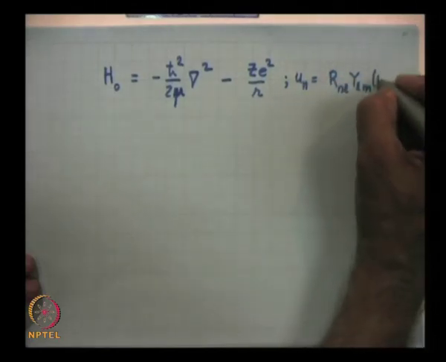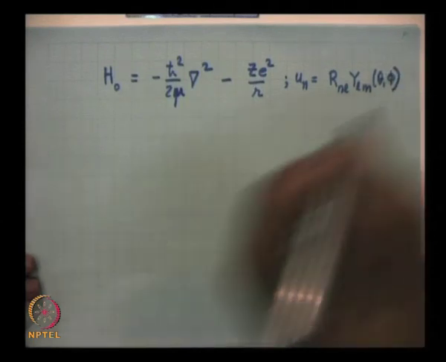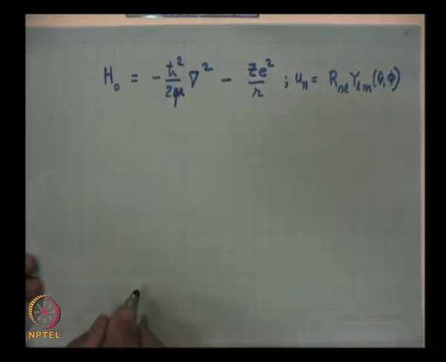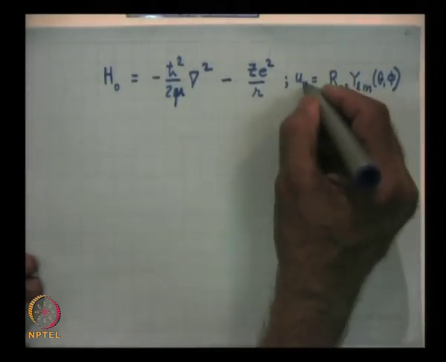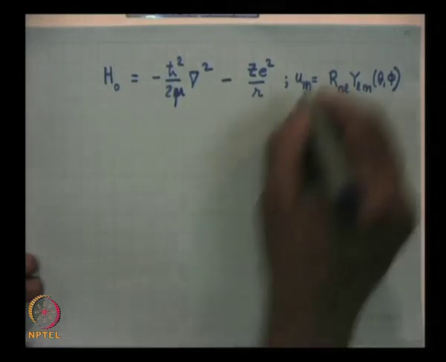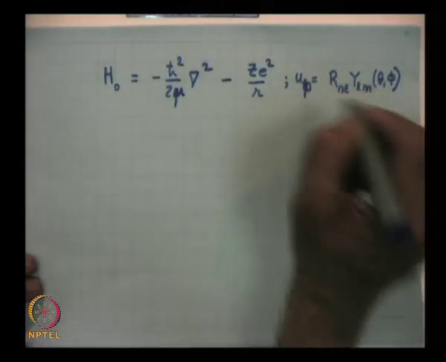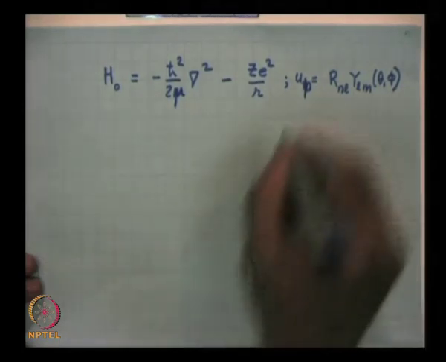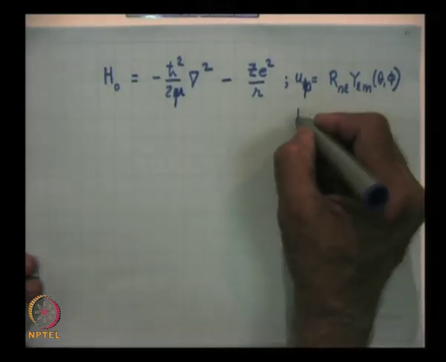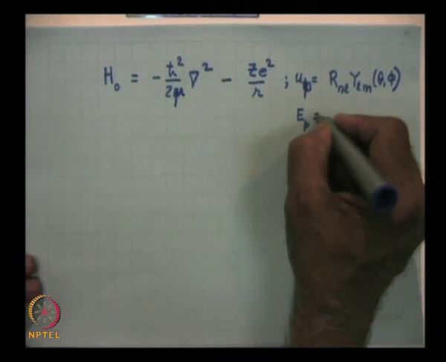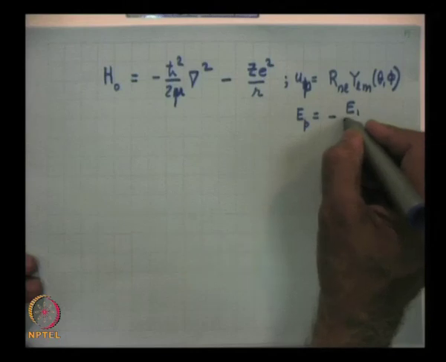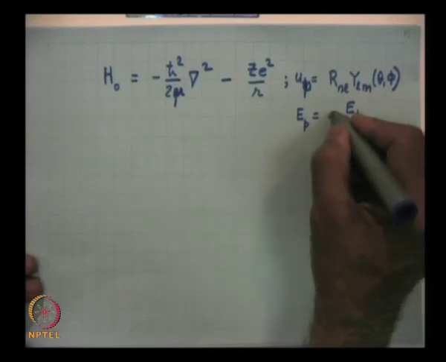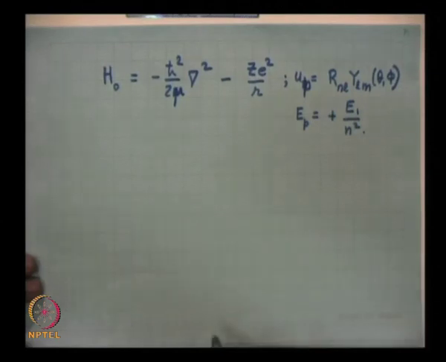These are the wave functions. This n and this n are different, so we may write it as u m or u p. u p is a combined form of these 3, and the energy eigenvalues corresponding to the p-th state will be something like the energy of the first state divided by n square, and E 1 is about minus 13.6 electron volts.